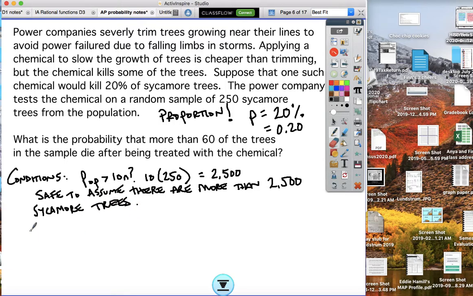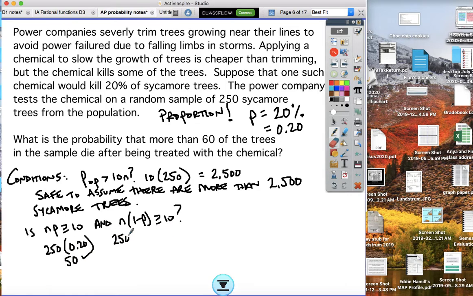Okay, then the next thing we need to check is: is n times p greater than or equal to 10, and is n times 1 minus p greater than or equal to 10? N is the sample size, which is 250. P is the population proportion. Okay, 250 times 0.20, you're going to get 50, and that is greater than 10. And then you're going to do 250 times 1 minus 0.20. And when you do that, you get 200. That's greater than 10. So we're good to go.